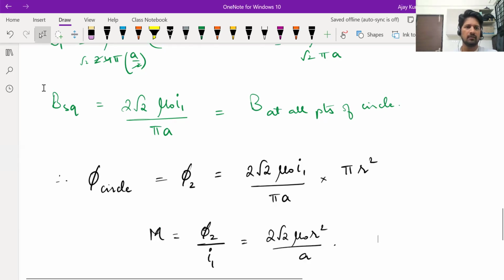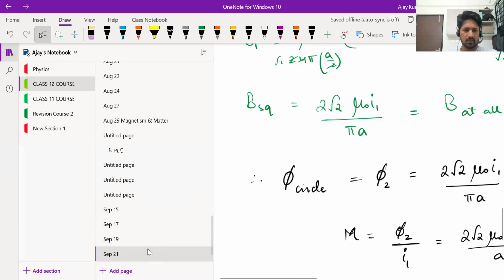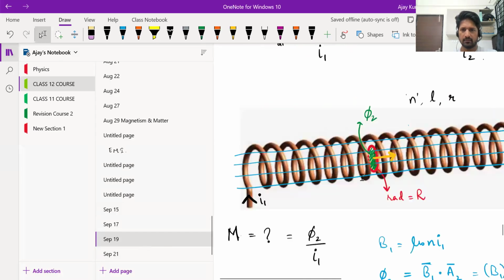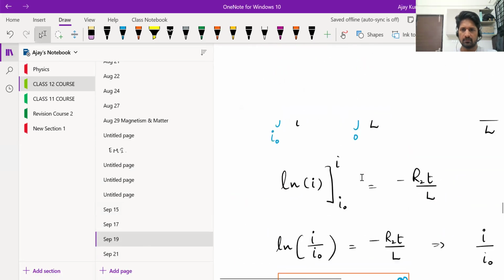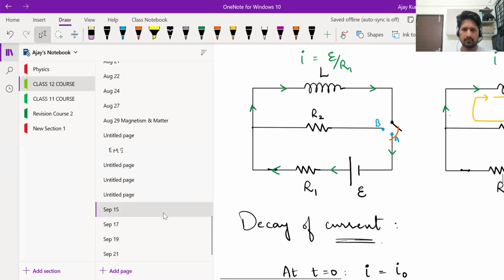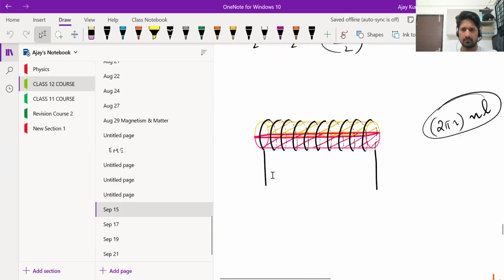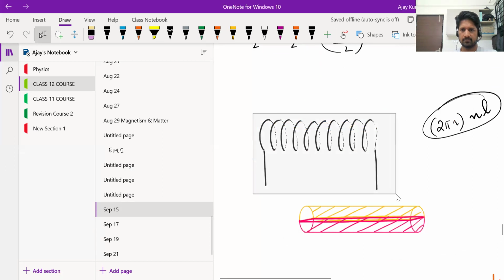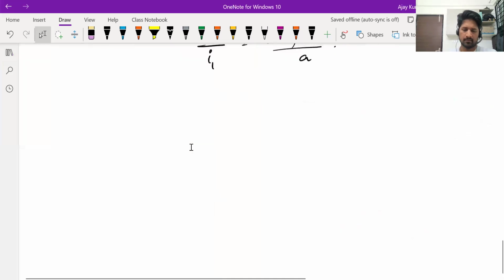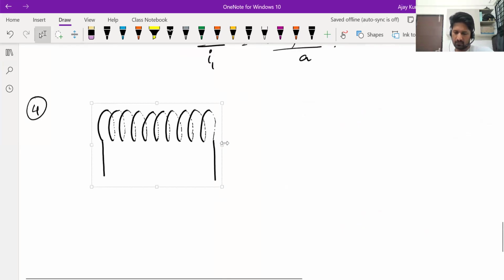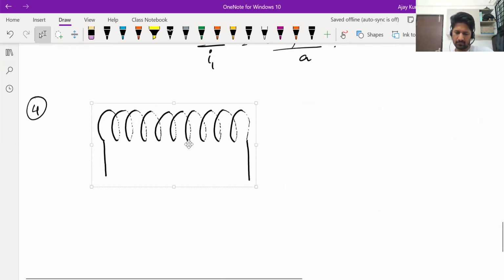Okay. Let's consider one more case. Just a moment. I need a solenoid. Suppose there are two long solenoids.